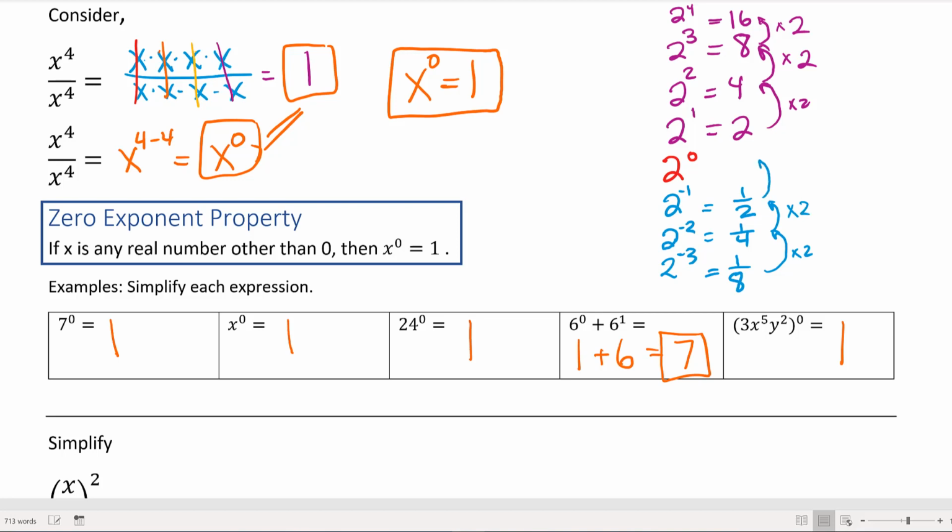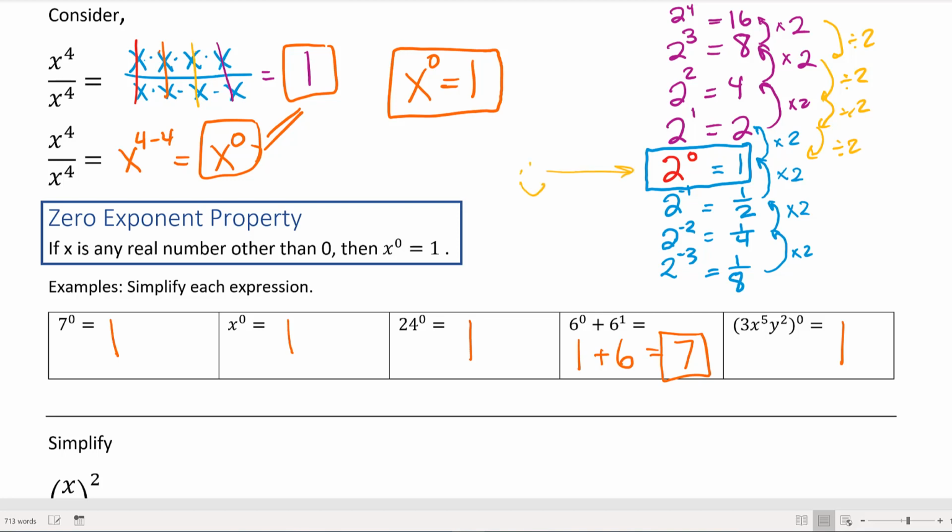So if I continue this pattern of doubling, what's 1/2 times 2? Well, 1/2 times 2 is 1. And what's 1 times 2? 2. Does it still work? Yes. Or if I go backwards, you can do it backwards too. 16 divided by 2 is 8. 8 divided by 2 is 4. 4 divided by 2 is 2. 2 divided by 2 is 1, and so therefore it does work, okay?